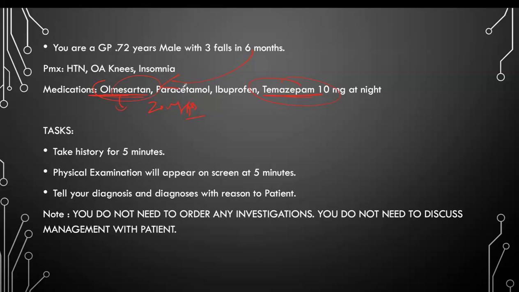Okay, so you can always explain in this way, but give some of the differential diagnosis in here and give the reason, which is the increased dose of olmesartan. Any question, guys? We are not discussing the postural hypotension again because we discussed that. Make sure you again revise the differential diagnosis and history, and you'll be fine.